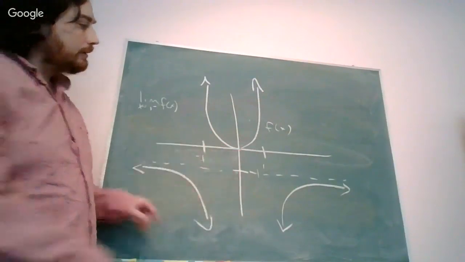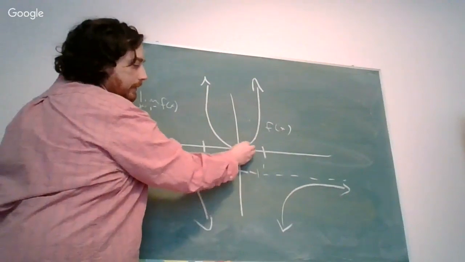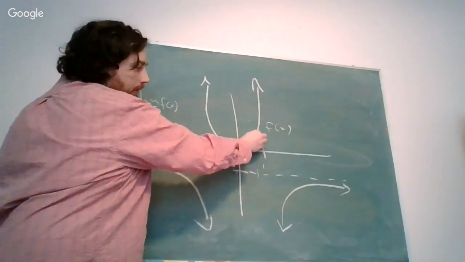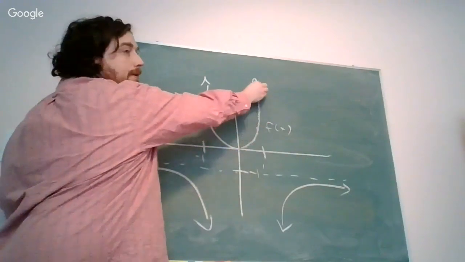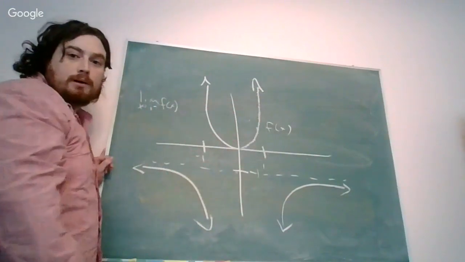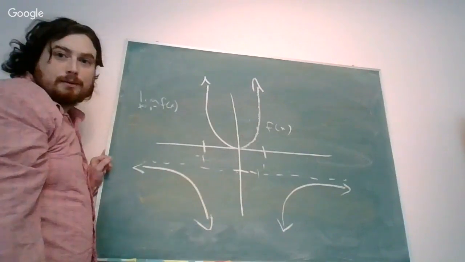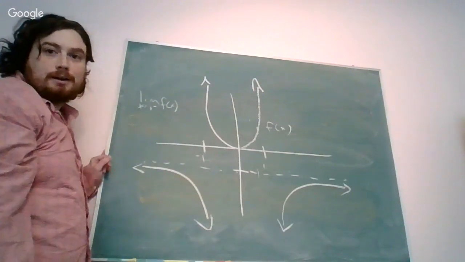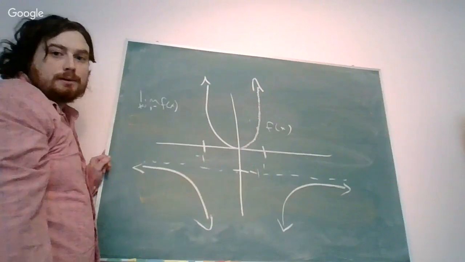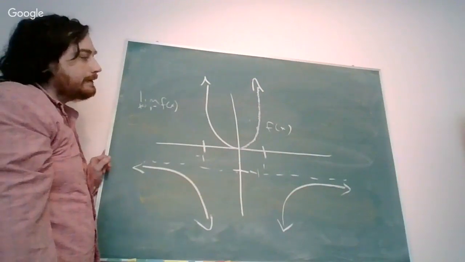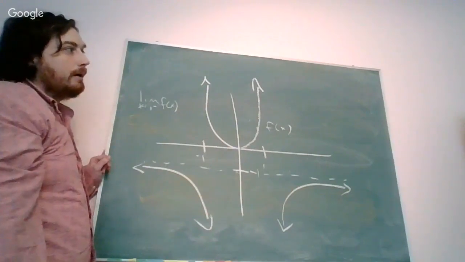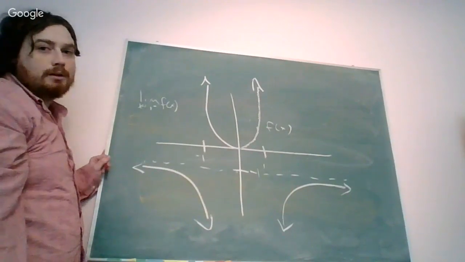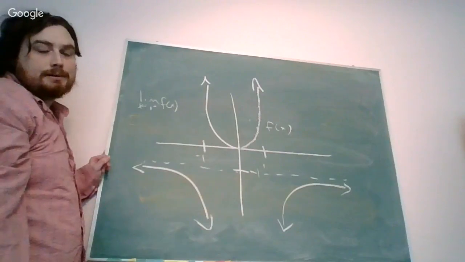So if we let x get close to 1, we're going to start off here and we're going to follow the function as x gets closer and closer to 1. But what we notice is that our function keeps getting bigger and bigger and bigger. And so the x values never reach 1 if we keep following that line. They just get closer and closer. So this means that our function is growing without bound. It is getting arbitrarily large in a positive direction.